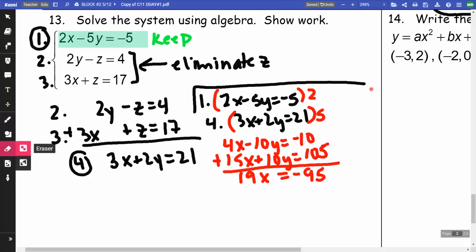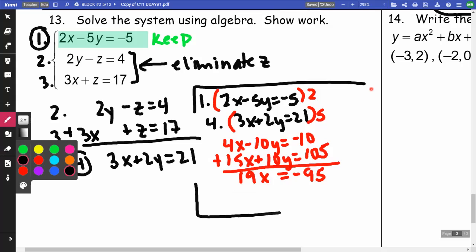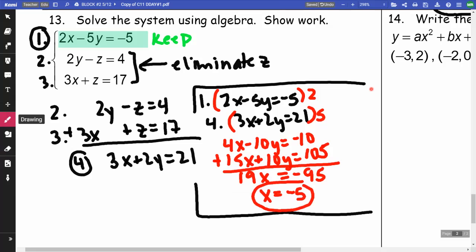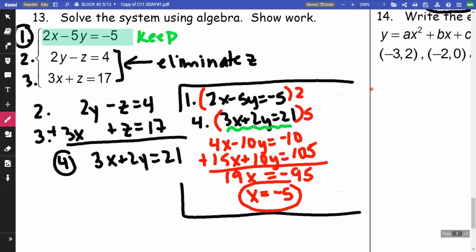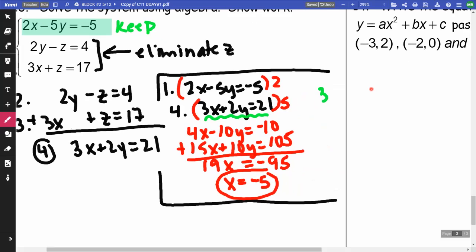When I divide both sides by 19, I get x is equal to -5. So I got my x. I still need to find my y because I still have a y in the system. I'm going to plug into equation 4.